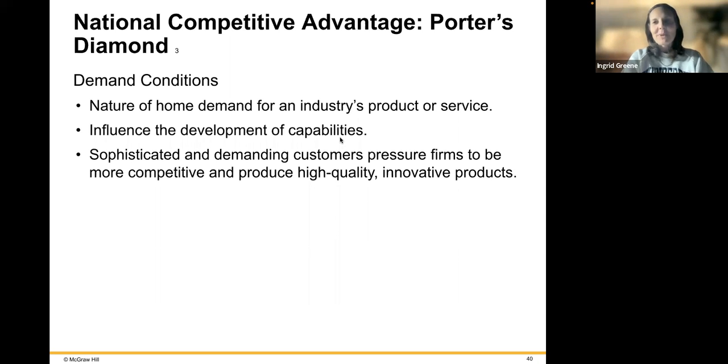So this is actually where Japan comes in with a lot of people interested in cameras as a hobby. So they were demanding this from their engineers. My notes jumped ahead too quickly. And this is also sophisticated and demanding customers pressure the firms to be more competitive and produce high quality, innovative products. So this is where he's saying that there are certain situations, certain countries that have these demands upon them.